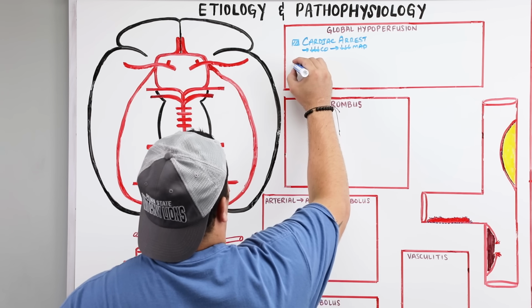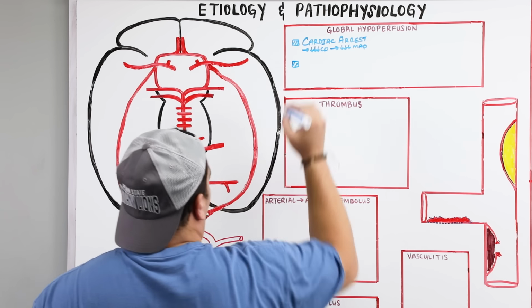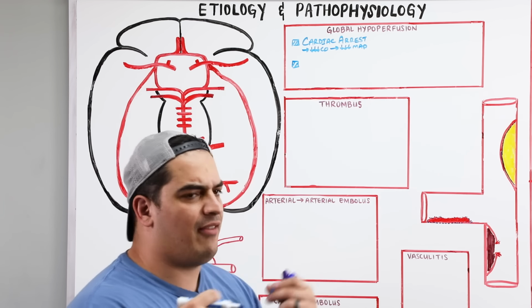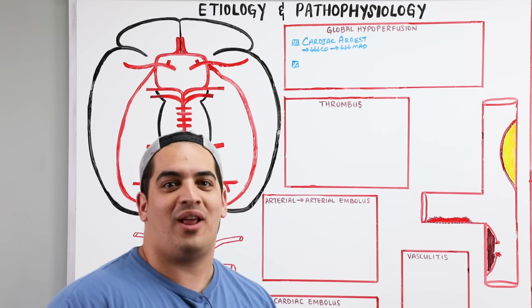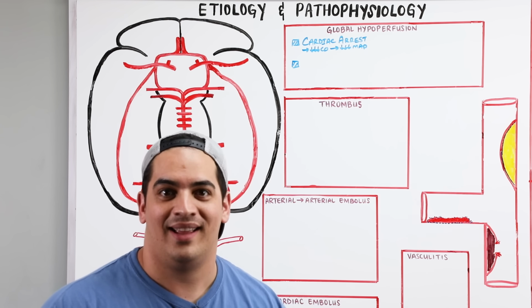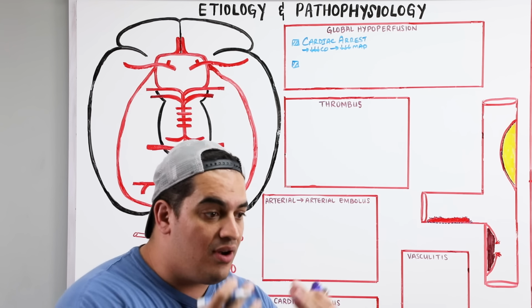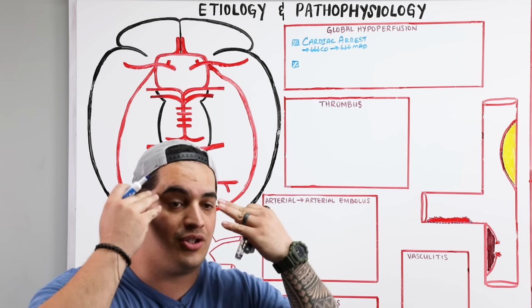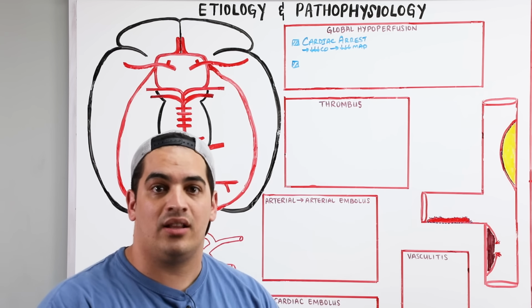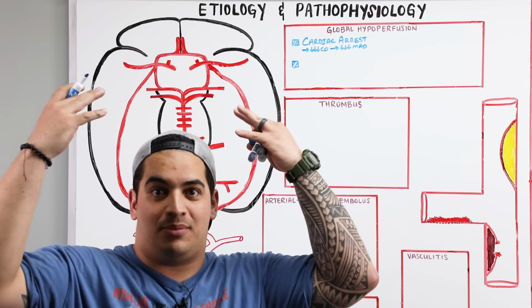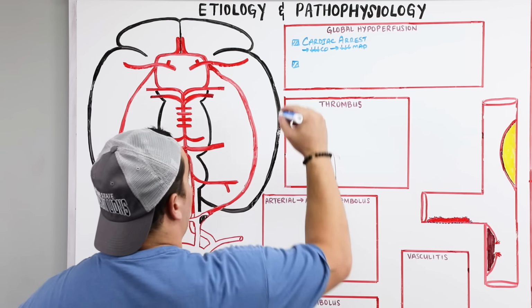The other thing to think about here is, what if somebody actually has blood flow to the brain, but you don't have any oxygen going to the brain? Maybe someone is in severe acute respiratory failure and they're not actually ventilating, putting oxygen through their lungs and into the pulmonary capillary blood to come back to the heart and then push blood up to the cerebral circulation. That could be another one.